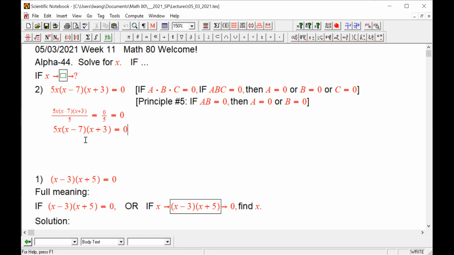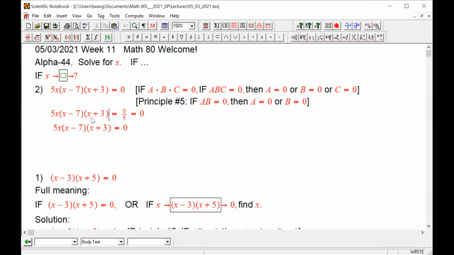Or it can be viewed as multiplied by 1/5. So let me write it down in the form of 1/5. If you multiply by 1/5, that way we will end up with x times x minus 7 times x plus 3.